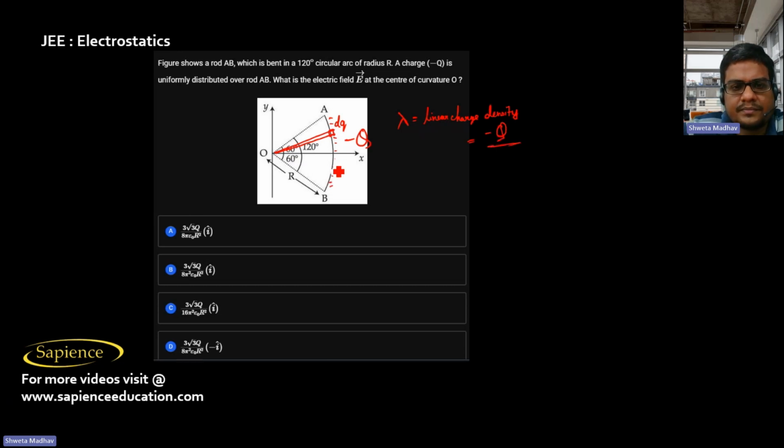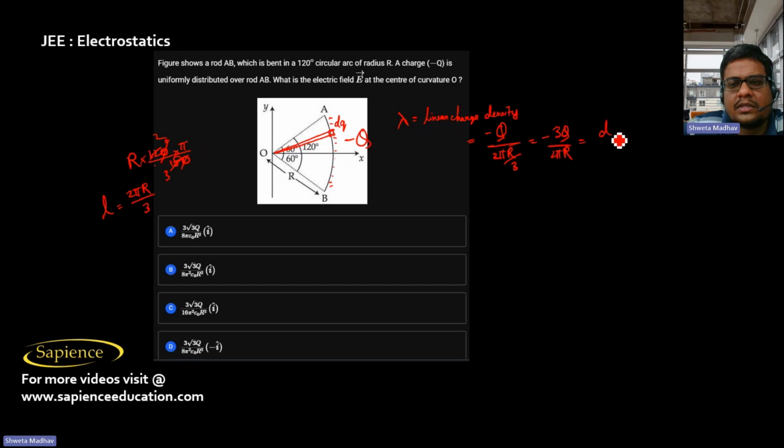That will be r into theta, where theta is 120 degrees, which is 120 by 360 of the circle. We have to convert 120 degrees into radians, multiplying by pi by 180. So it is 2 pi r by 3. This is the length L, 2 pi r by 3. So lambda is minus 3q by 2 pi r.